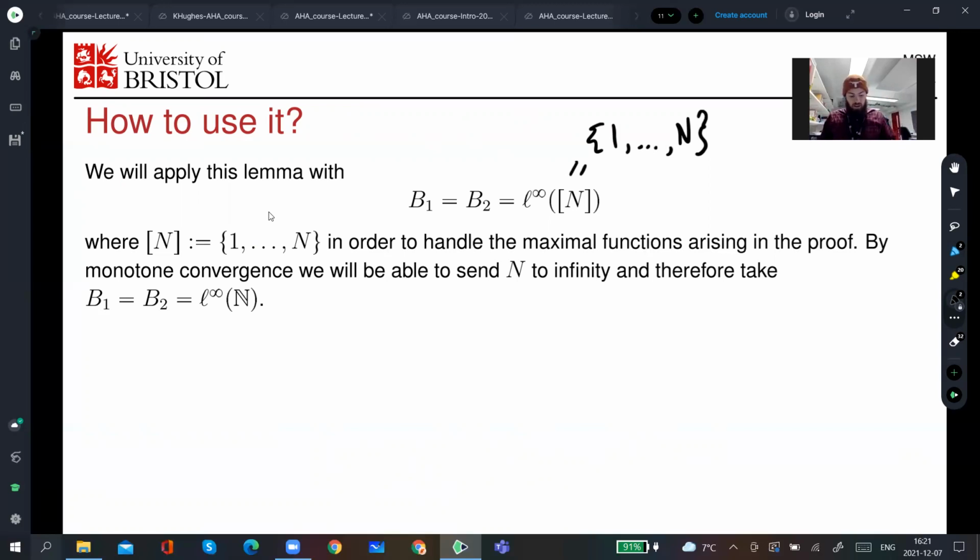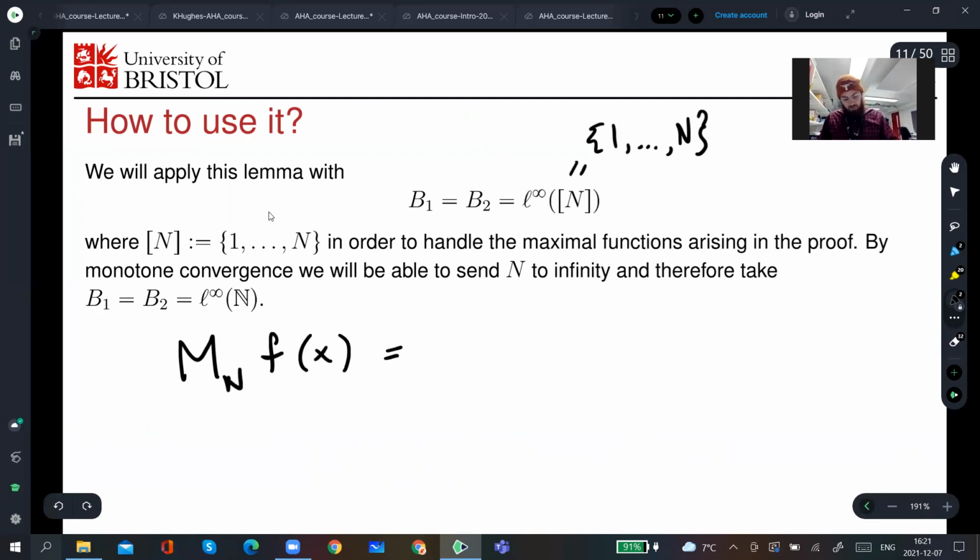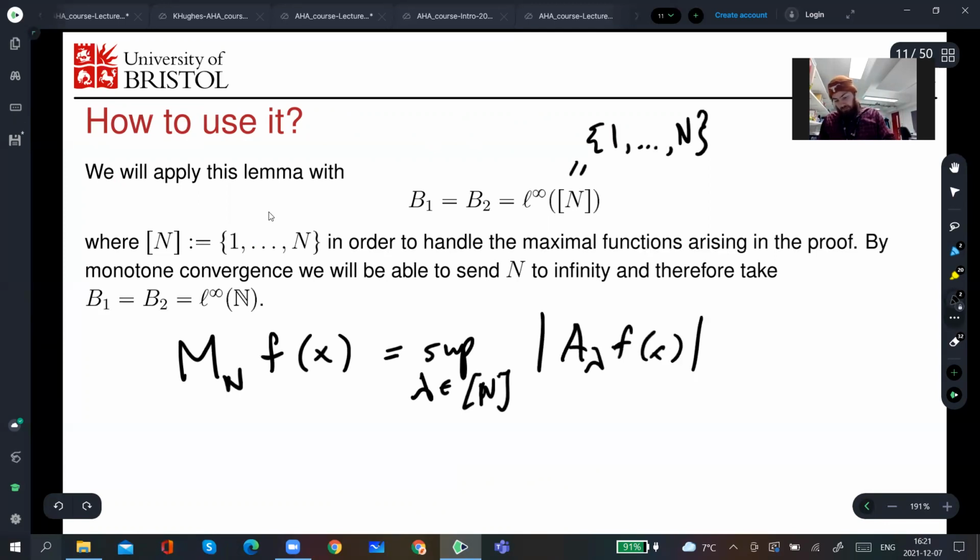Okay, so really, if I really wanted to be rigorous, I should do the following. I should insert some maximal function M_n, which at each point x would be defined as the sup over lambda in the range from 1 to n of A_lambda f of x, right?